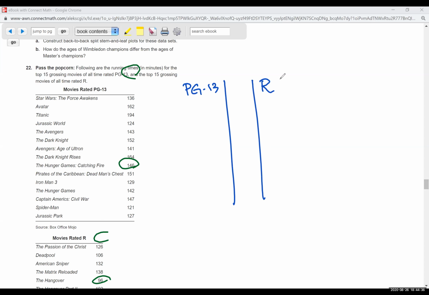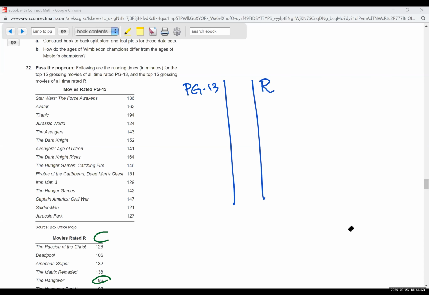For PG-13, we said earlier that the lowest is 121. So we have stems 12 up to 19, and for this one, 96 up to 170.